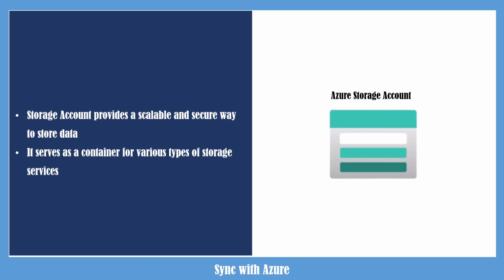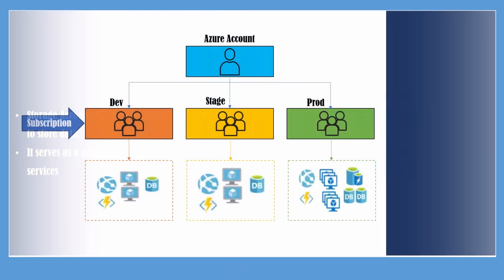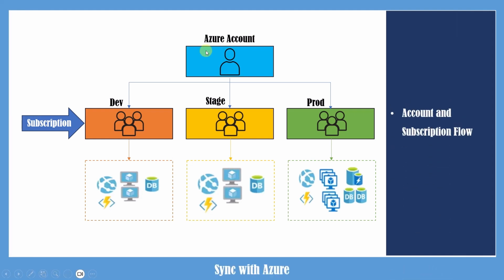Now, we will see the account and subscription model where the blue color represents the account of Azure and the dev, staging and production represent the subscriptions. For each subscription, the outlined border represents the Azure resource groups and these are the resources which are connected with the resource group in the container.